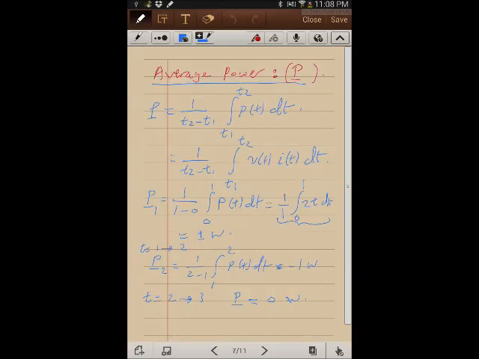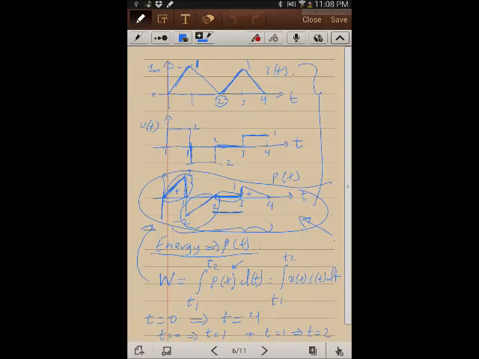And then we will find P4 as well, the average power from t equal to 3 up to 4. Finally, we add all these average powers together, and then we will get the total average power absorbed or delivered by this particular component here.